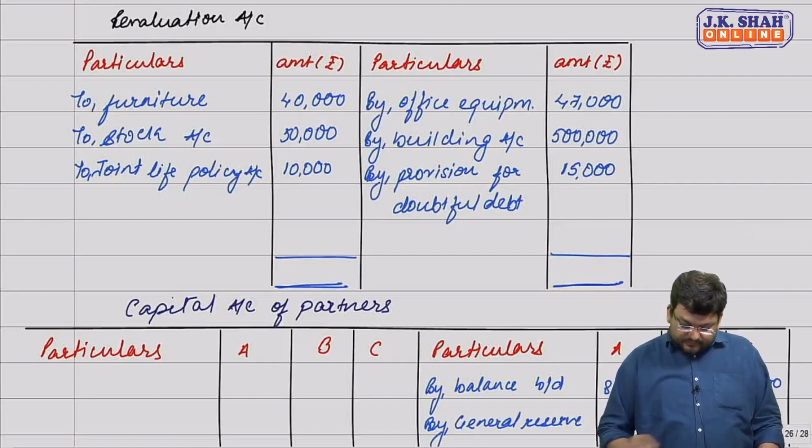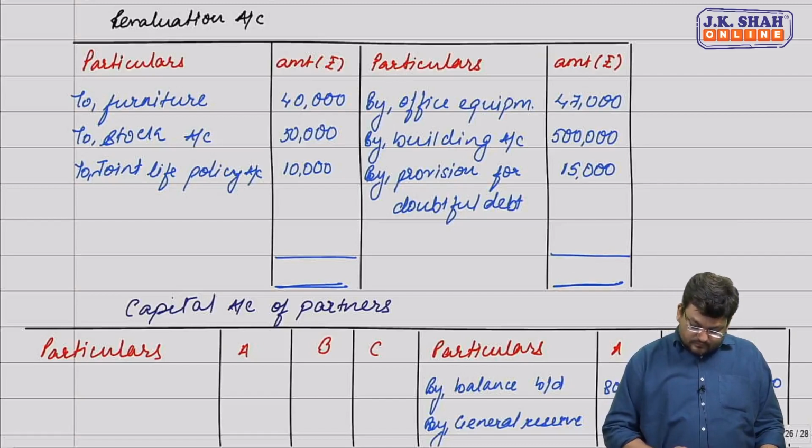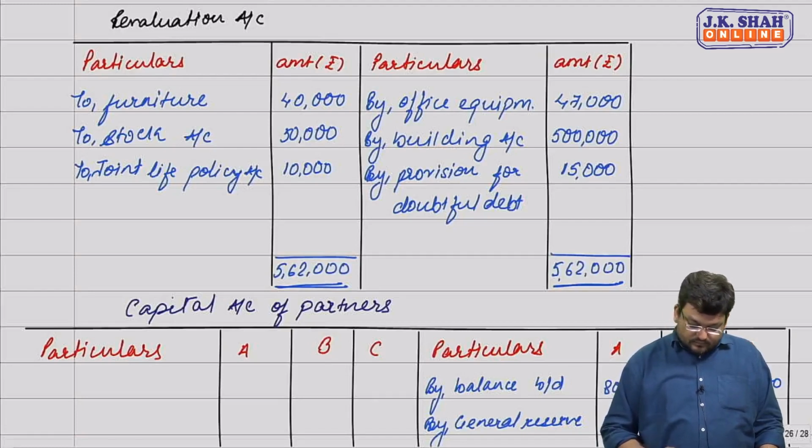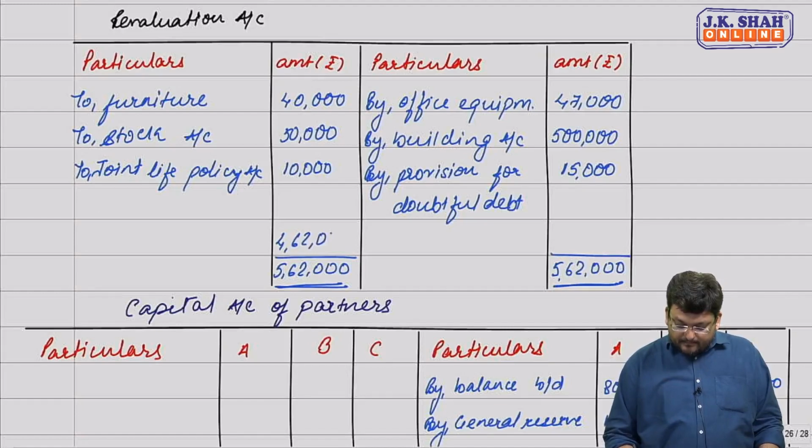Close revaluation now. So 4,62,000 is profit of revaluation. And this profit will be distributed among partners in their old ratio. Old ratio is 3:2:1.